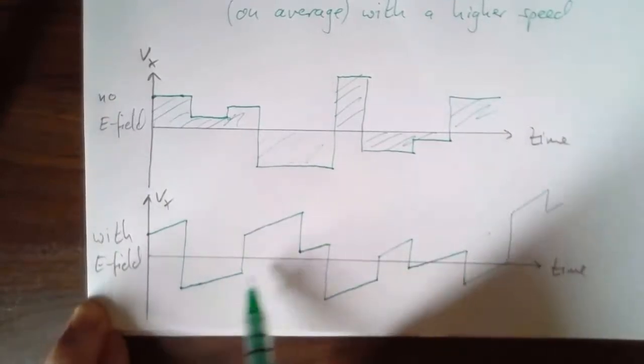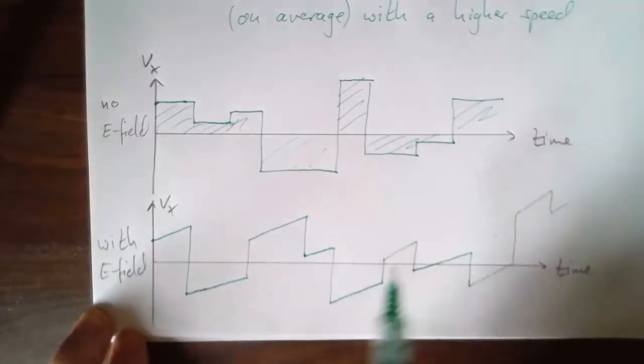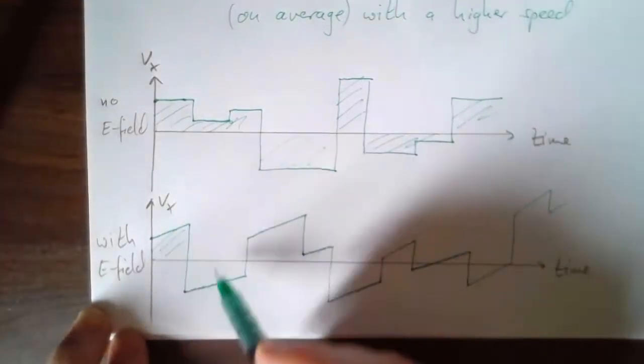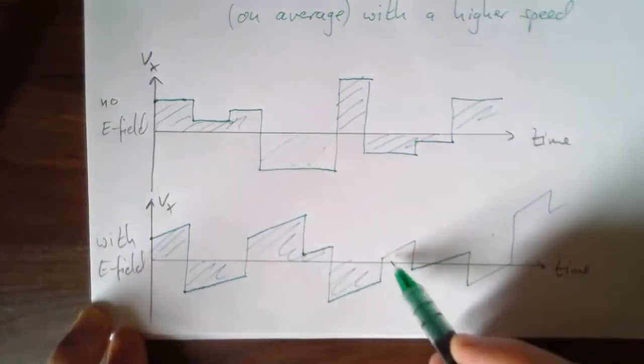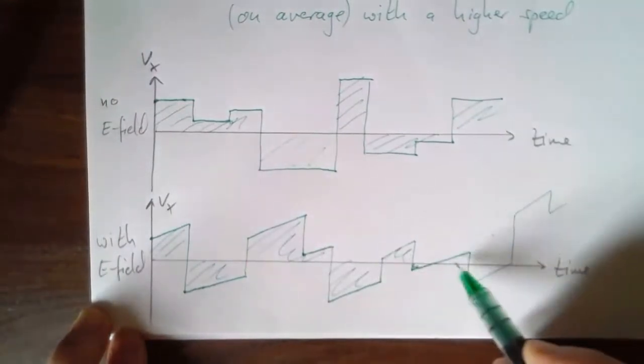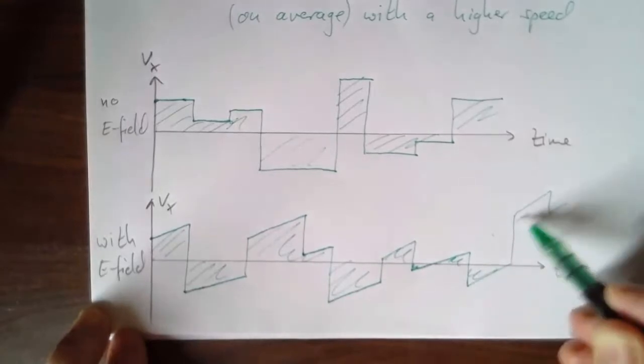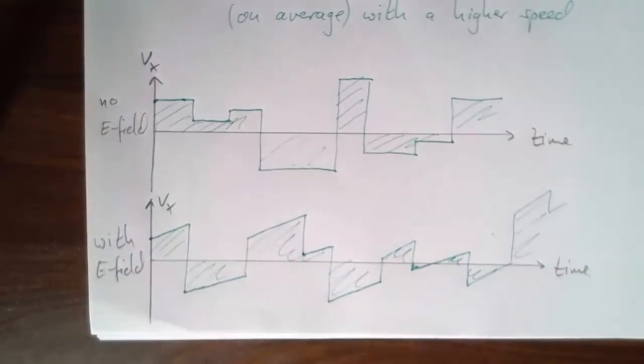But because of the upward slope, because of the positive acceleration, the area above is going to be slightly greater than the area below the graph, just on average. So on average, the electron spends a little bit more time going to the right and does so a little bit faster because of the upward slope of the velocity-time graph.